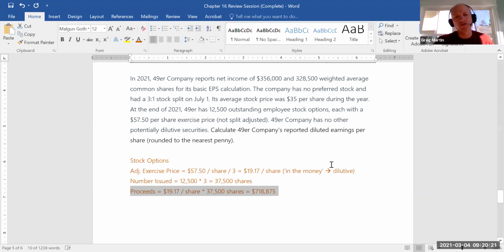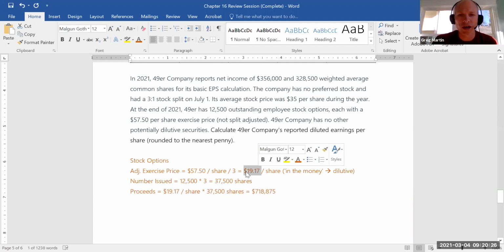The next step then is, given the adjusted exercise price and the adjusted number of shares issued, we can calculate the amount of cash that the company will receive when these employees exercise those options. So the company would receive $718,875.